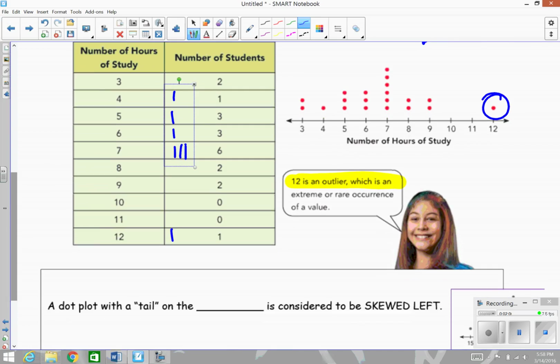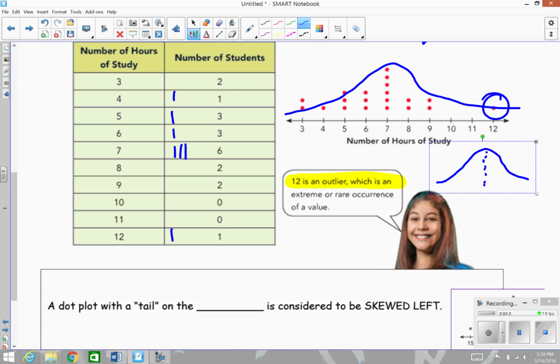The other thing you have to know is that an ideal data set, if you plotted the dot plot, would have what we call a bell curve shape, where this would be your center. But that's not realistic for every data point. For example, here you can see what's going on. And there's what we call a tail on one side.